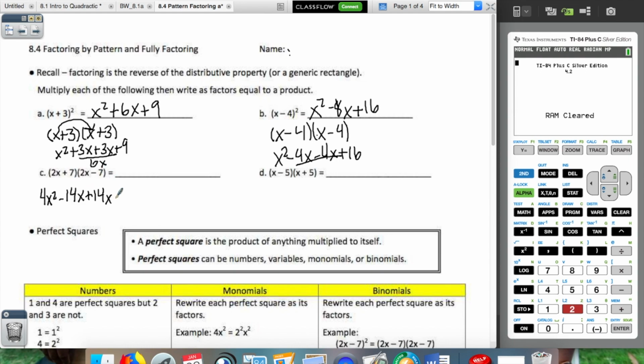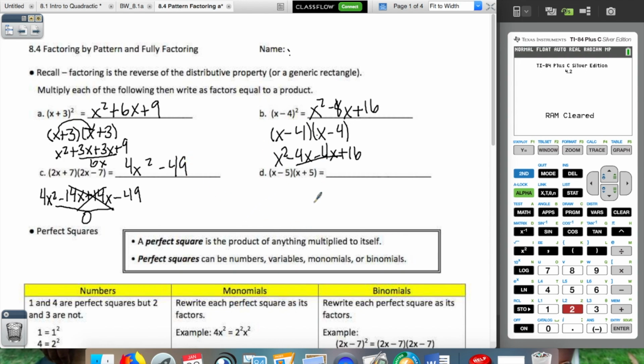And 7 times negative 7 gets us negative 49. Now, do we have any like terms we can combine? Yes, we have negative 14x and 14x, which is really just 0, so we don't need them anymore. Which means we are left with 4x squared minus 49.